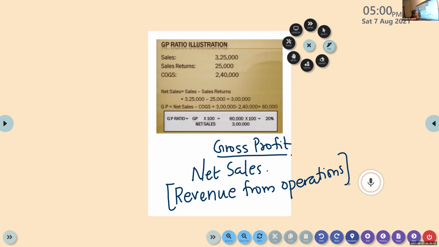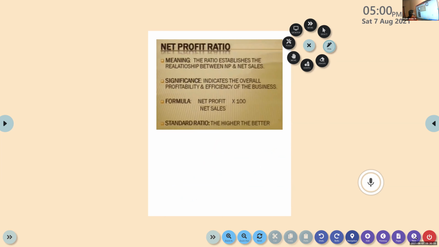Now, once the gross profit ratio computation is over, the next step is to find out net profit ratio. After calculating gross profit ratio, we find out the net profit ratio. So what is net profit ratio?